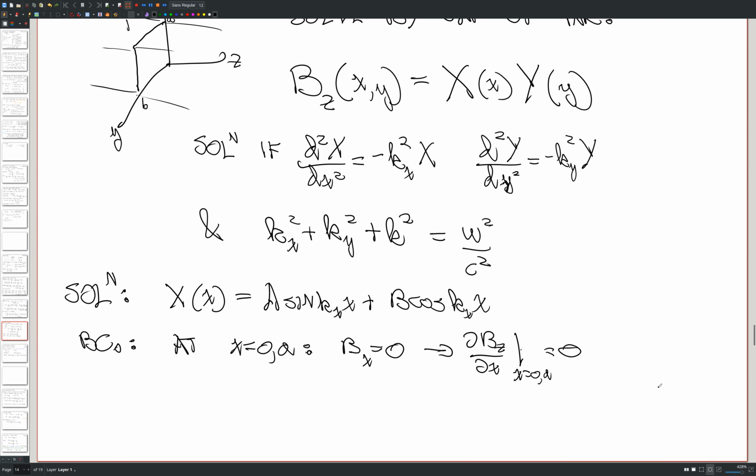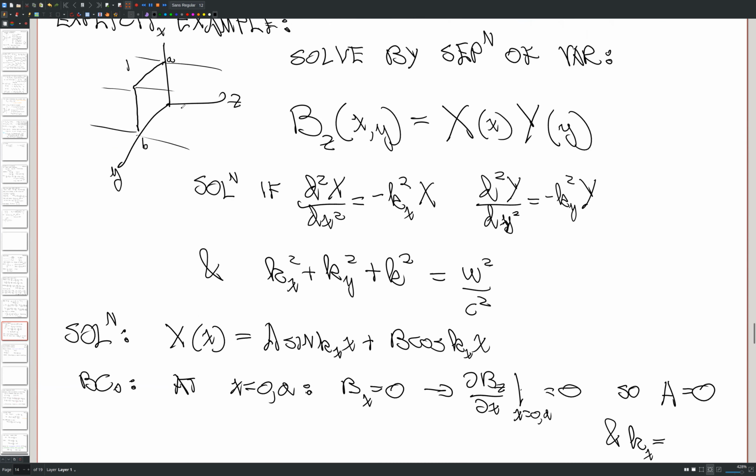And that means that essentially we need to take the coefficient a to be equal to 0. Okay, so this one disappears. It doesn't fit the boundary conditions that we have. Okay, and this also tells us that the kx has to be quantized in units of pi over a, because I need to have the derivative vanishing here and here.